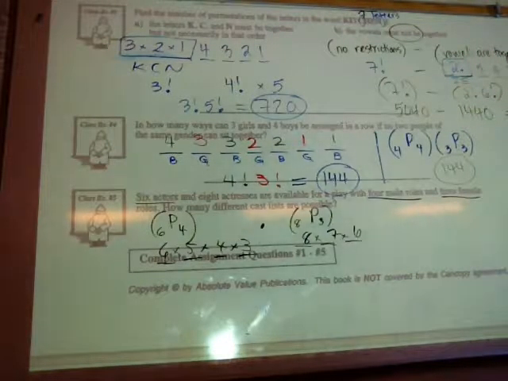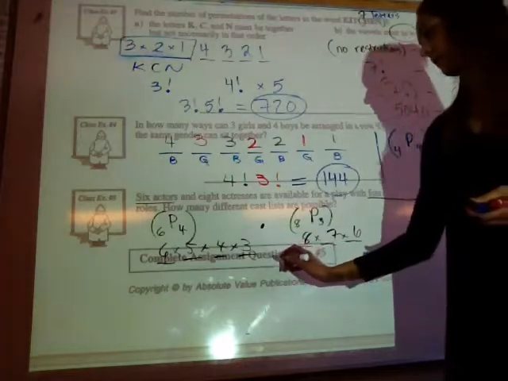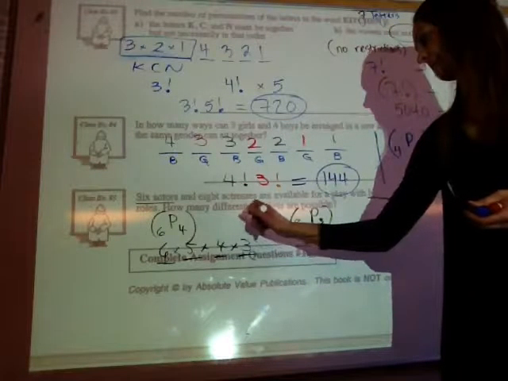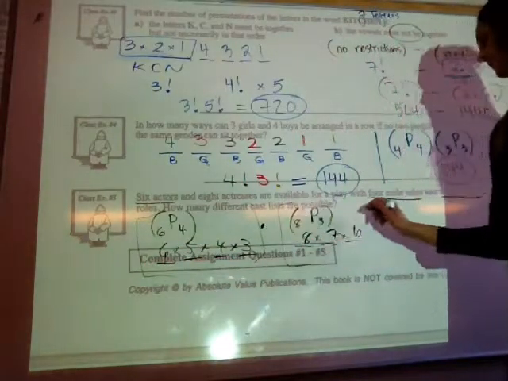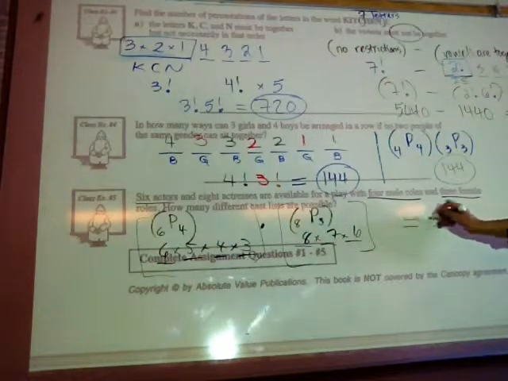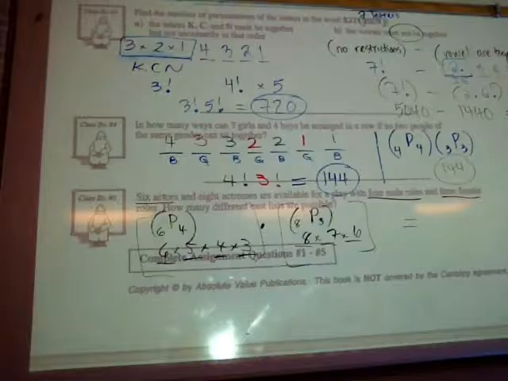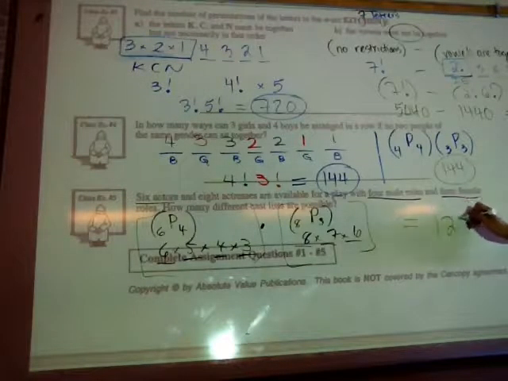I'll let you decide how you want to calculate it, but you're multiplying the male roles times the female roles. You should get 120,960. Did we get that? Yeah.